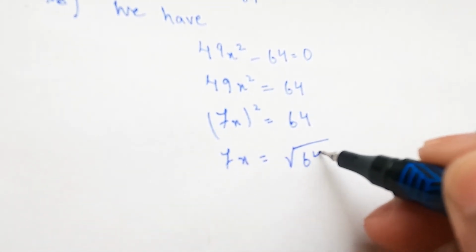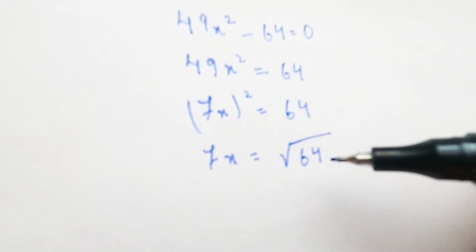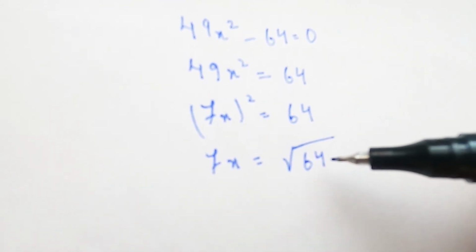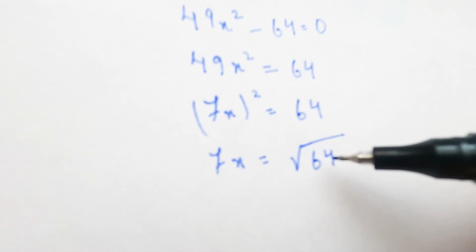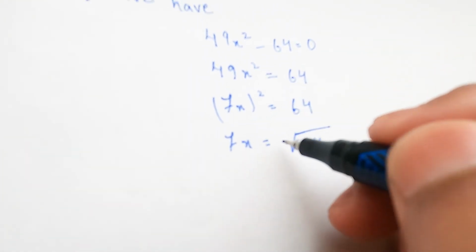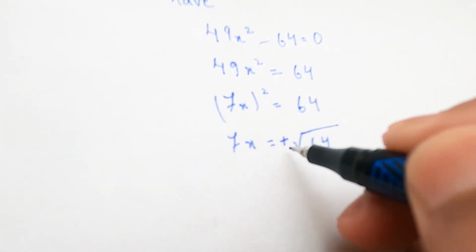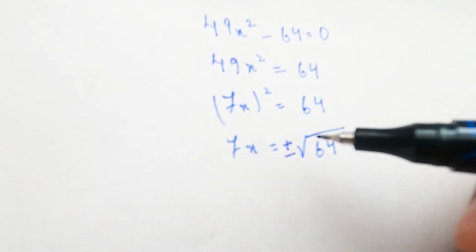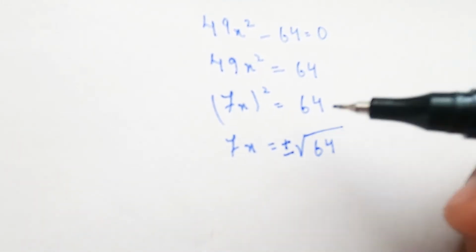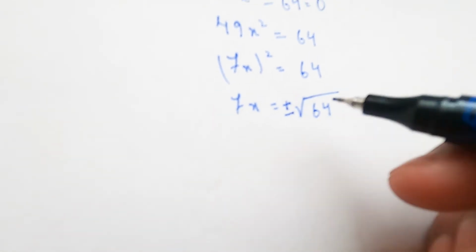All right, so therefore when we remove this power square, what will happen to 64? Square root will come. All right, so what is the square root of 64? The square root of 64 will be 8. All right, and also here we have to write plus minus, because we do not know whether it is positive or negative, so we write them as both.